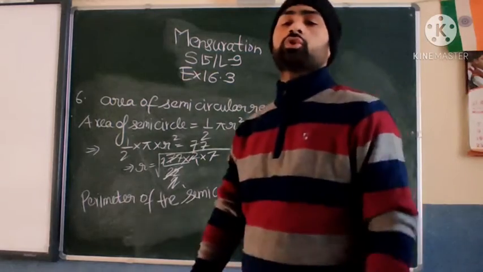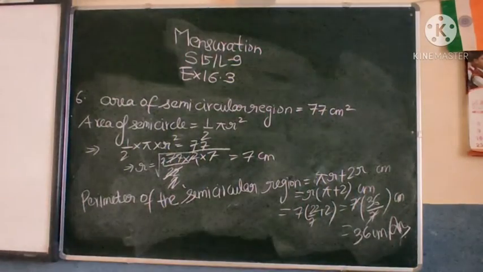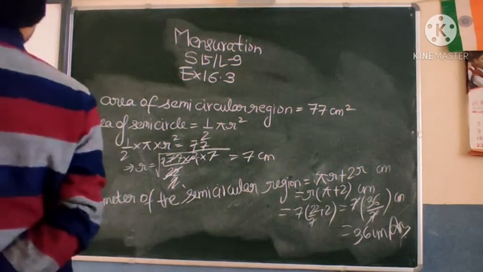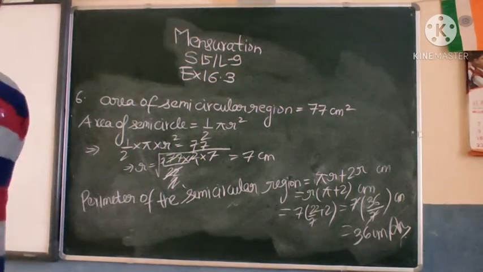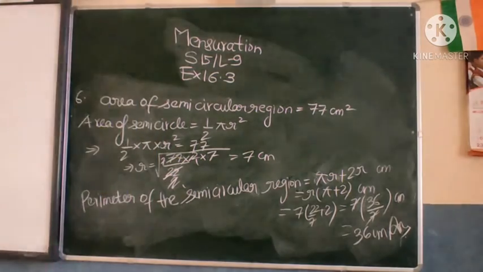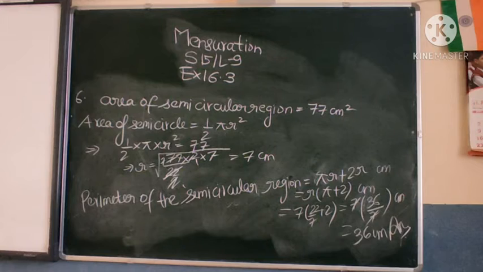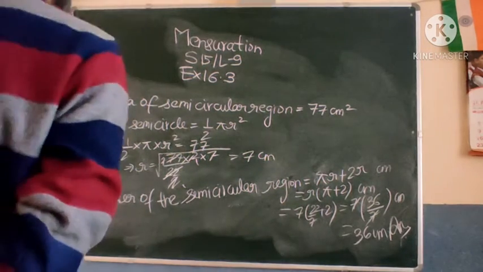See what I have done in this question. With the help of the formula of area, I have calculated the radius of the circle, and then after calculating the radius, I have used the formula of the perimeter of a semicircle. If you remember my classes, in a semicircular region the perimeter is pi r plus 2r.